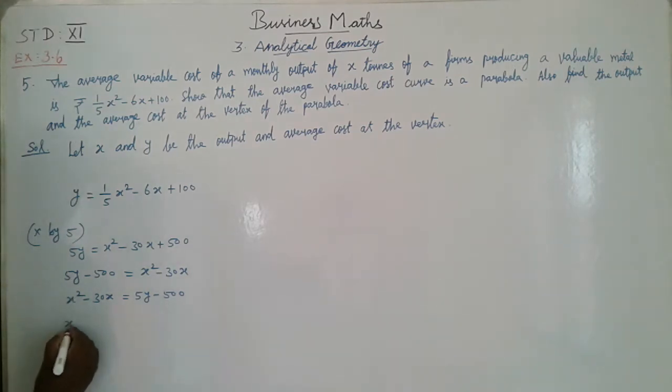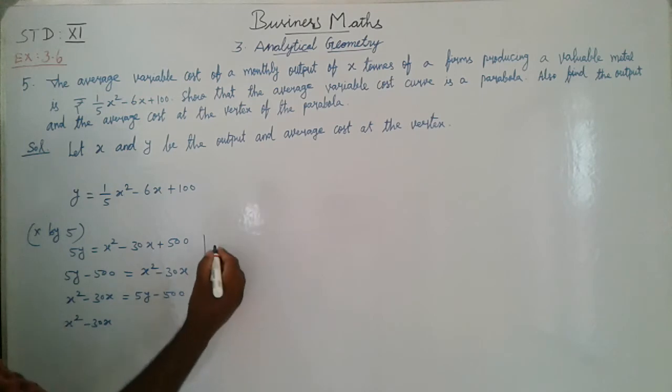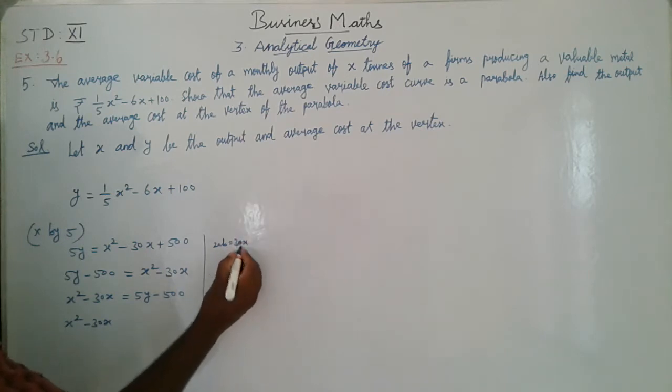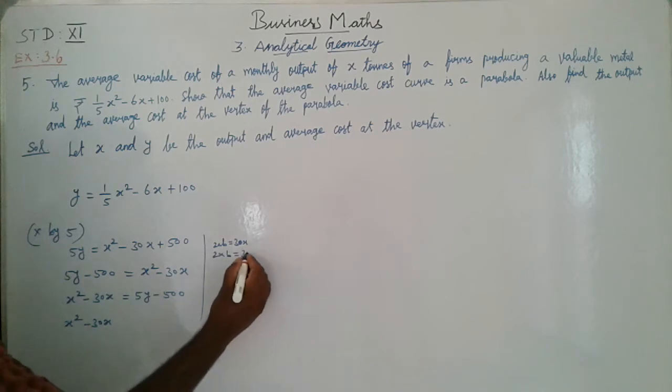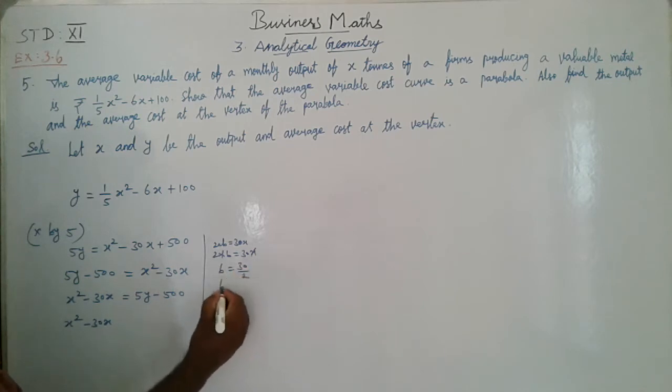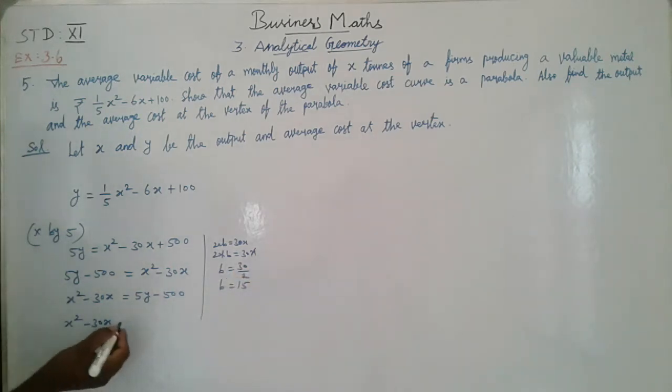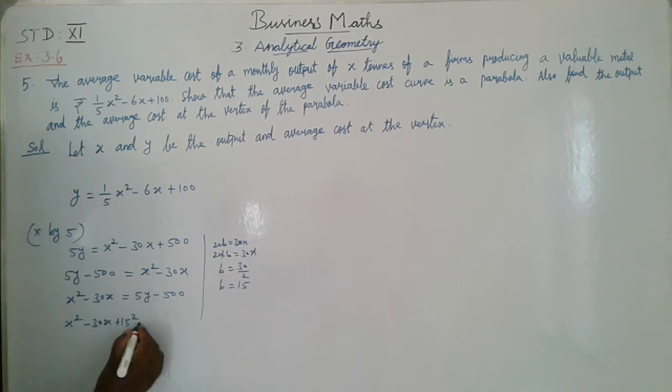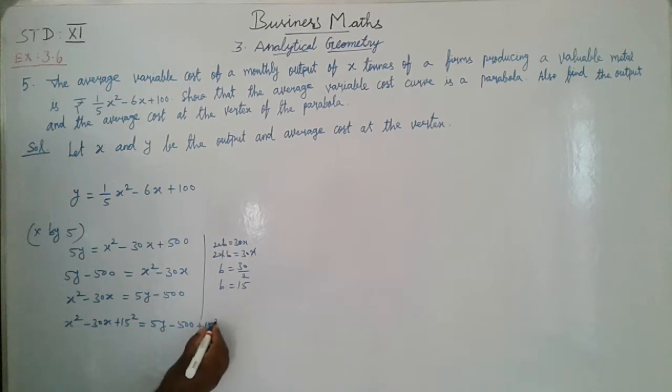This is of the form a square minus 2ab. 2ab equal to 30x, so 2x into b equal to 30x. The x cancels, b equal to 30 divided by 2, so b equal to 15. Add 15 square to both sides.